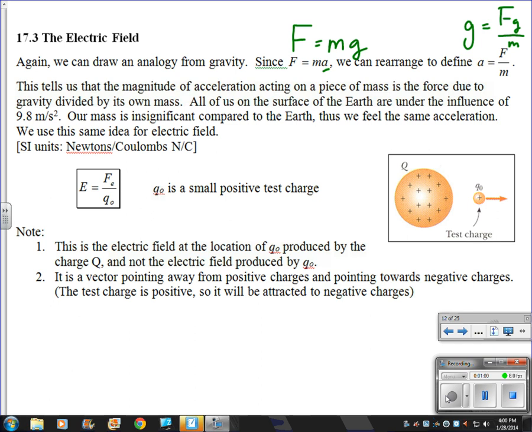Now, we're going to use the same idea for the electric field, but instead of dividing by mass, we're dividing by charge. And the quantity that we develop is E, and this is called the electric field.